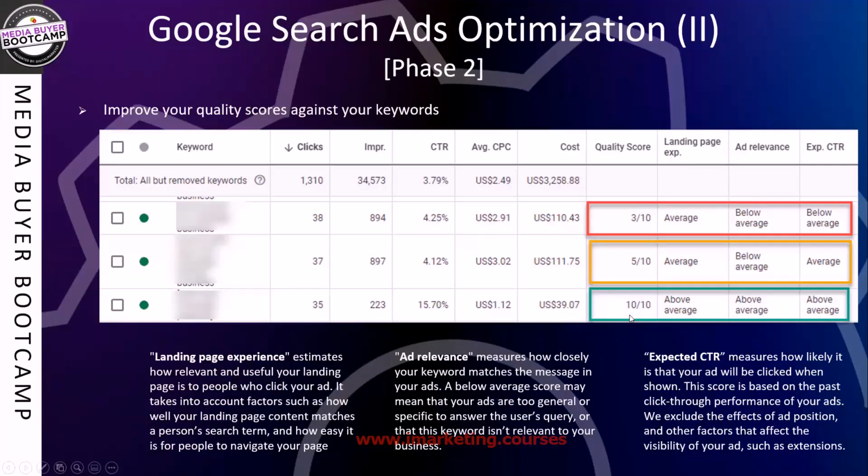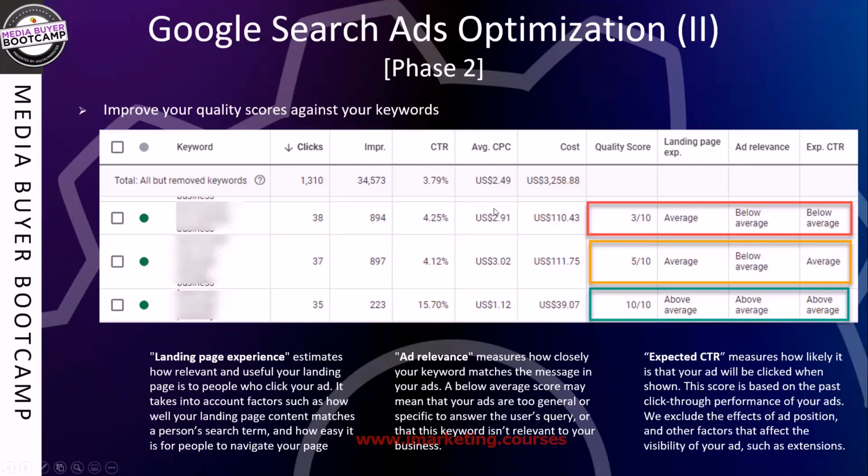Sometimes you just can't improve these quality scores, but if you look at what's going on here, look at the CTR. It's way over. And remember, folks, the average CTR in Google search is approximately 3.19% in the market. So the CTRs in Google search are much higher than they are in Facebook or YouTube.